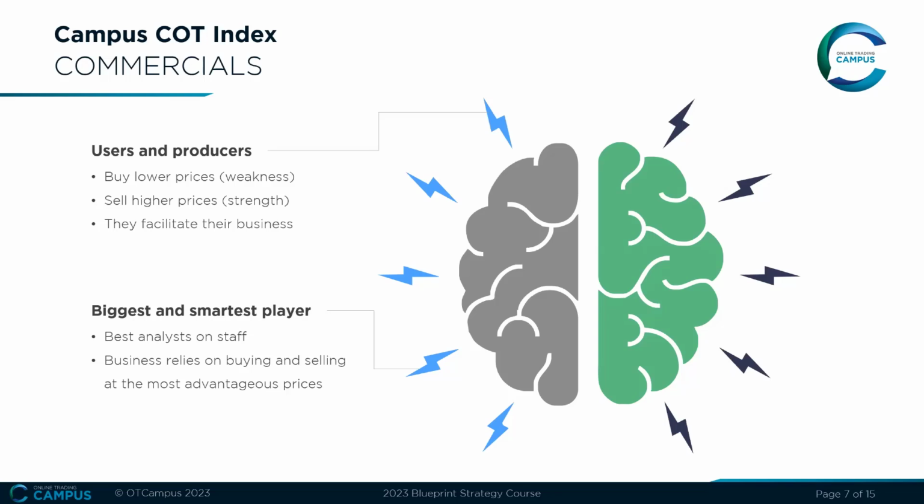But here is now the catch, okay? The most common misconception I hear from people when talking about the Commitment of Traders report is that when the commercials buy, prices will rally, or if they sell, prices will decline. Man, I wish it was just that easy. Unfortunately, it ain't that way.